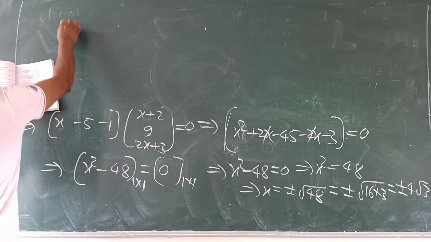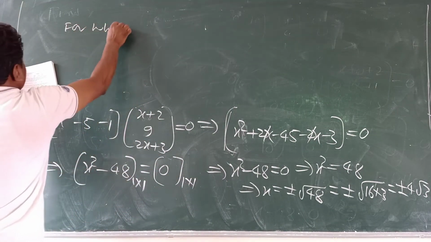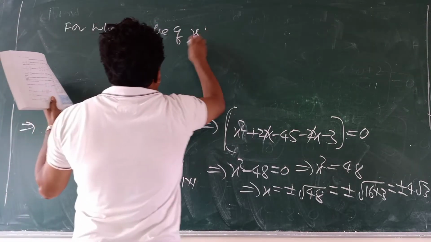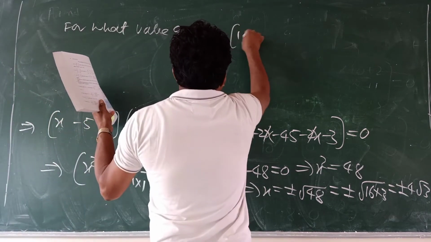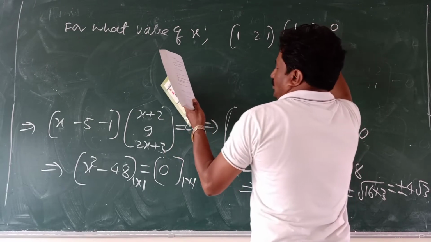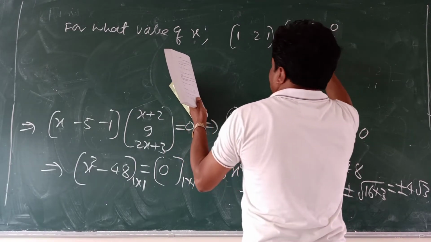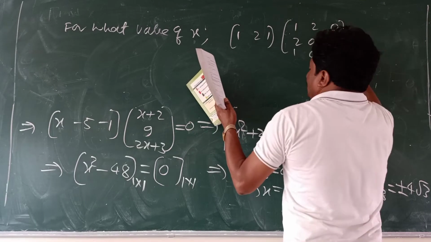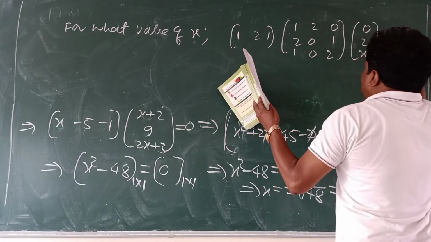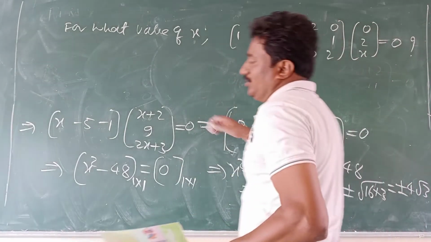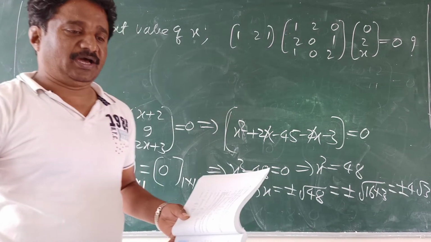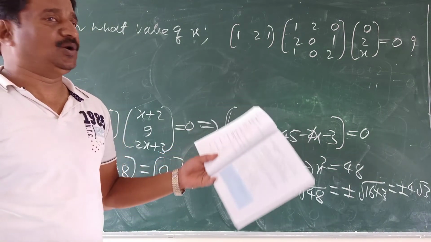Find x, for what value of x: the matrix 1, 2, 1 into 1, 2, 0, 2, 0, 1, 1, 0, 2 into 0, 2, x is equal to O. So as usual, you find out the x value. You only solve that question at home, right?